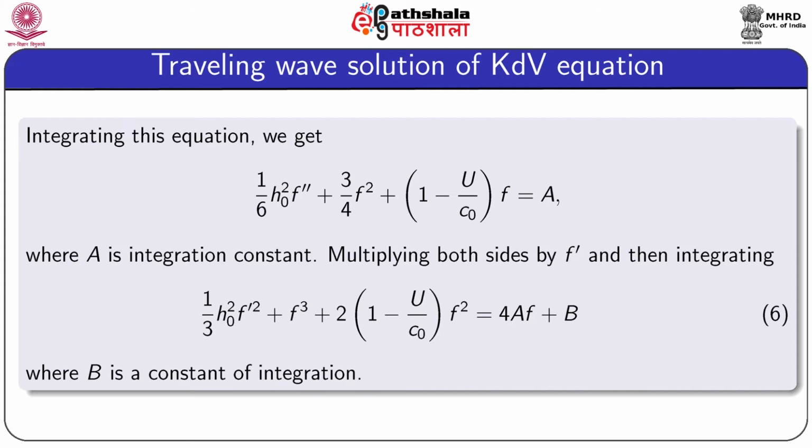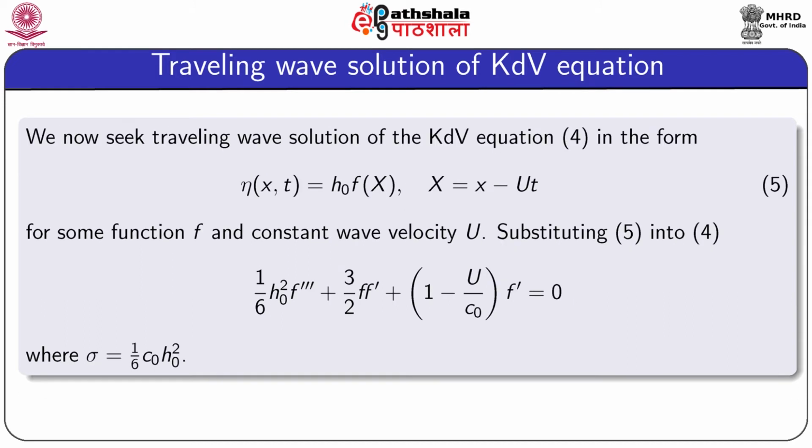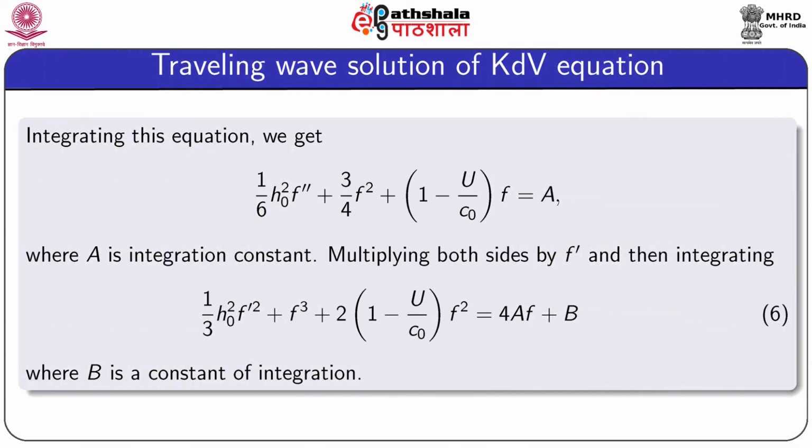Now, since we are going to find the expression for small f, we integrate the previous relation, and after integrating we get (1/6) h0 square f'' plus (3/4) f square plus (1 minus u by C0) f equals A, where A is the integrating constant.